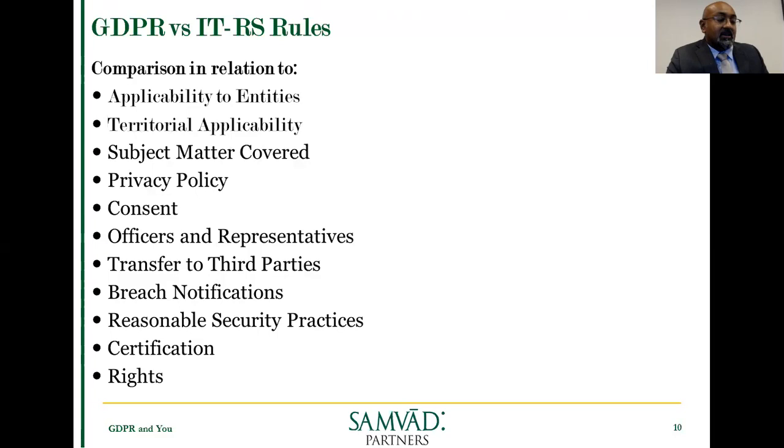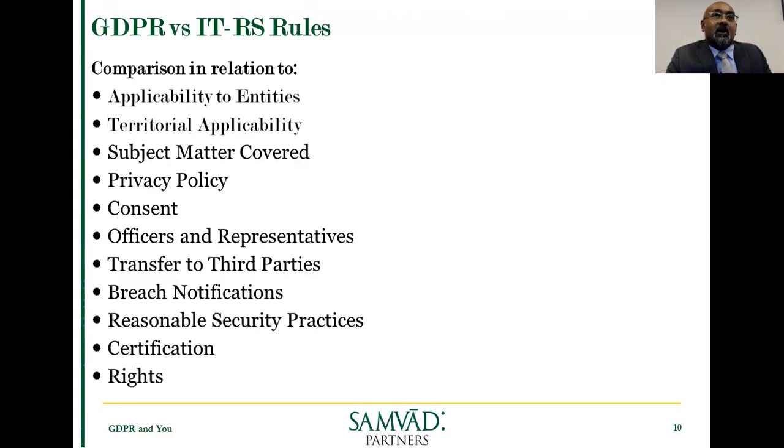That's one distinction. Secondly, it relates to all information. Thirdly, the so-called sensitive personal information, as we understand it under the ITRS rules, are now given a much higher status of protection as special categories of protection of information, and those are treated differently in the course of different obligations under the GDPR.